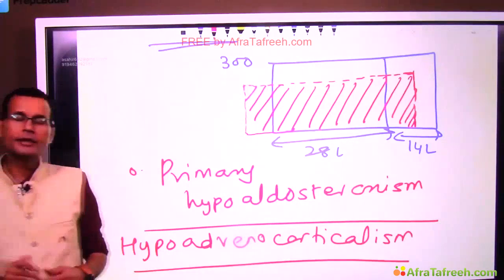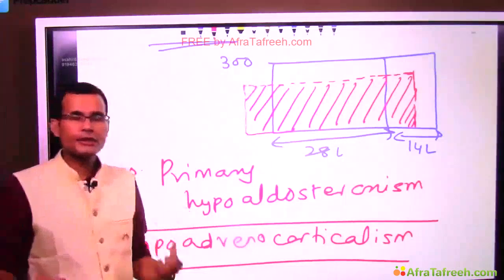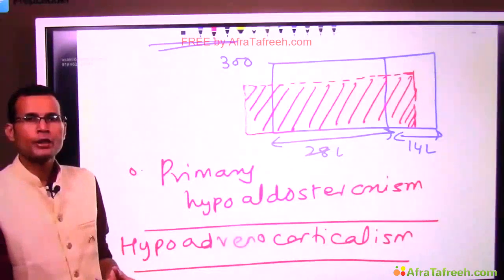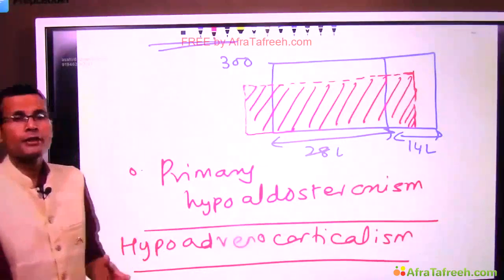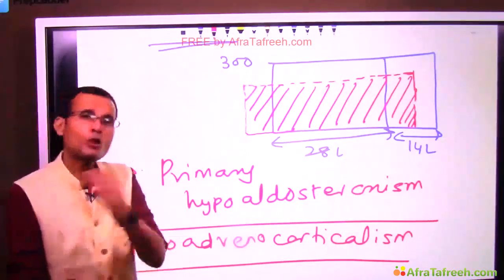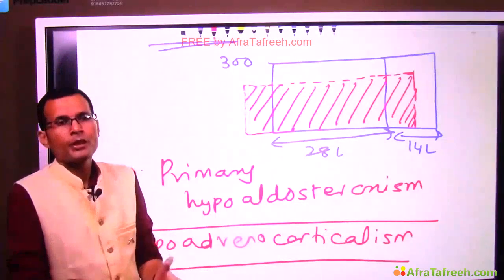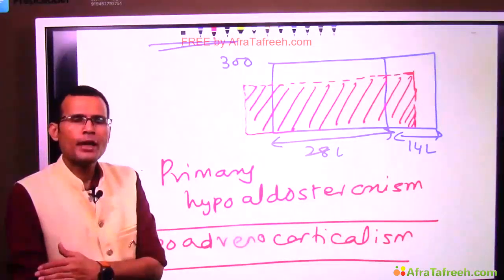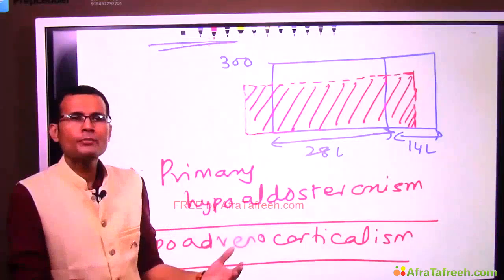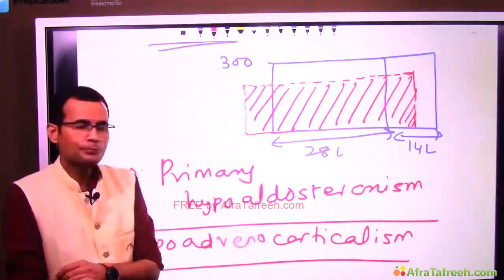Adrenal cortex insufficiency primarily, and therefore there is decreased secretion of aldosterone. Now look, what is the function of aldosterone? Aldosterone reabsorbs sodium. That's primarily the job of aldosterone. It reabsorbs sodium, and therefore with sodium there will be movement of water also from the renal tubules.